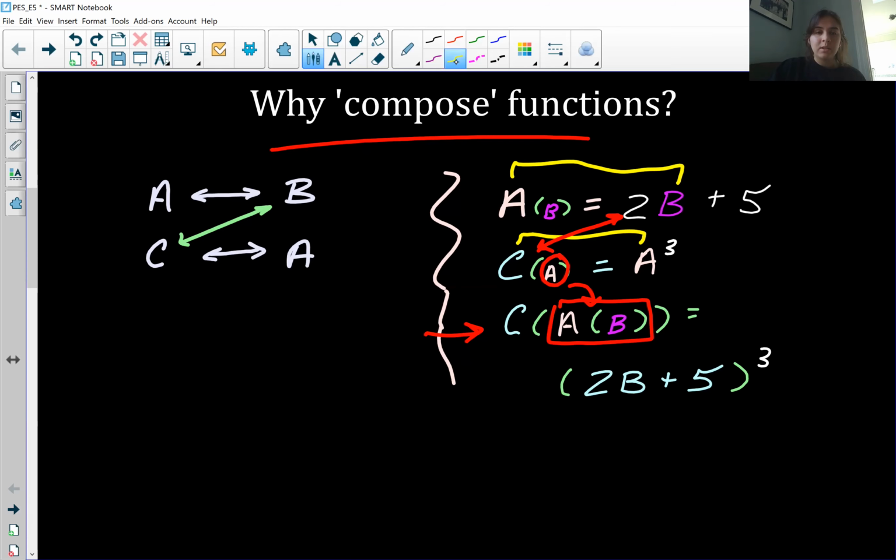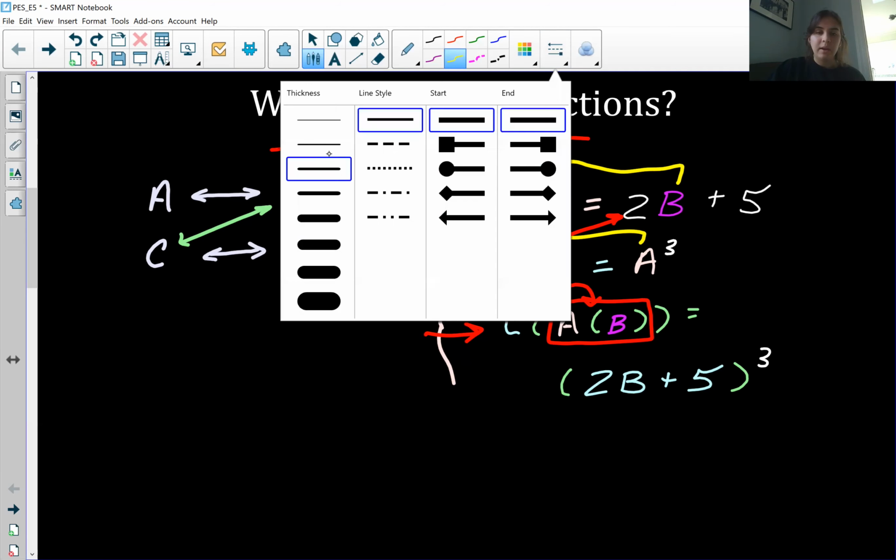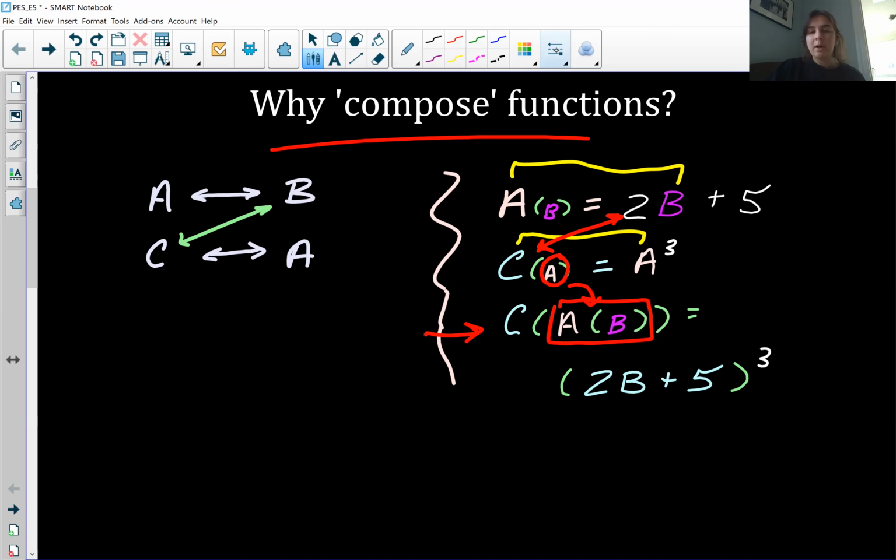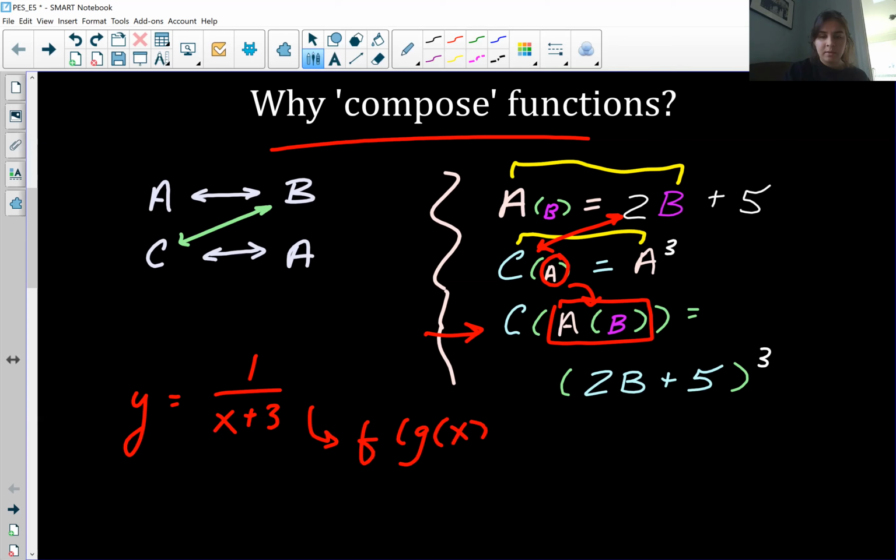Another thing that you need to be able to do in the pre-cal class is also recognize when you have a composition, and typically that will happen when you have parentheses. Just as a quick example here, if we had y equals 1 over x plus 3, and the pre-cal people ask you to write that as f of g of x, or just identify what f of x is and what g of x is.